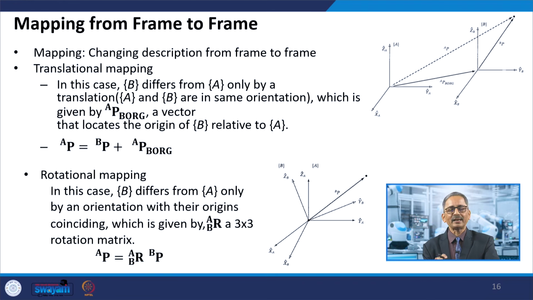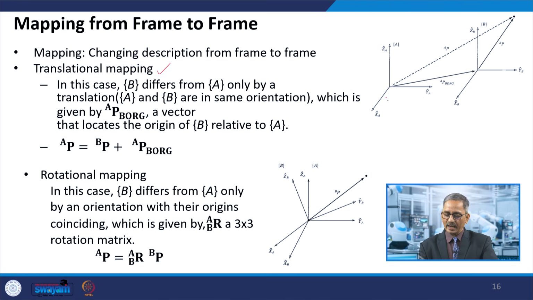So, in case of mapping, our objects are not going to be displaced or rotated. Our objects are going to be at the same place where they are, but only we are going to change the description of the object with respect to one frame or another, okay. So, first let us see the translational mapping, okay.